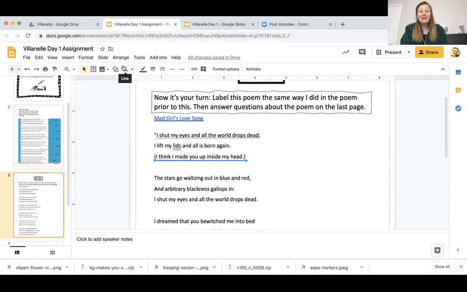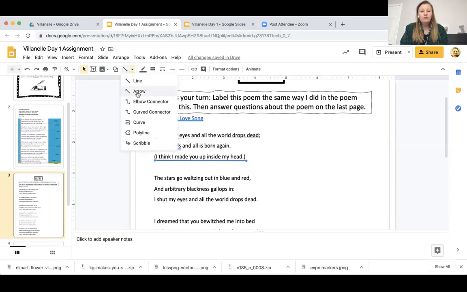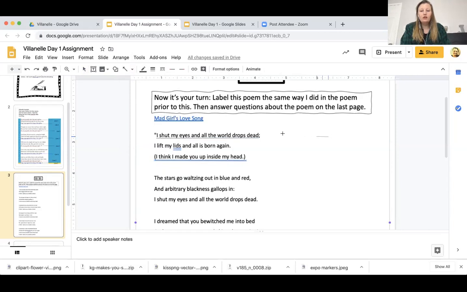When you draw an arrow, you go exactly the same way: you find the line, click the down arrow, click arrow, and then draw a line. I can't remember which direction this is going to go. Oh, that's right. Okay, so you draw an arrow to the line that you want to label, okay?